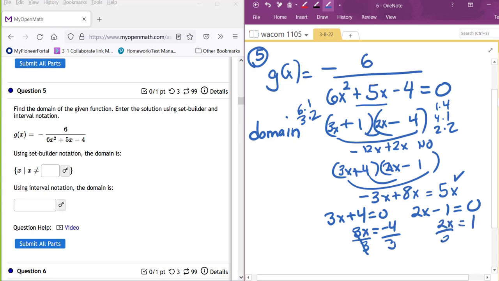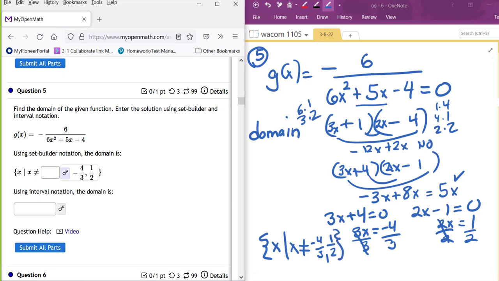Divide by 2. So a half is a bad value. So we're going to throw those away. So for the set builder, set of all x such that x is not equal to negative 4/3 and 1/2. That will be our first answer.